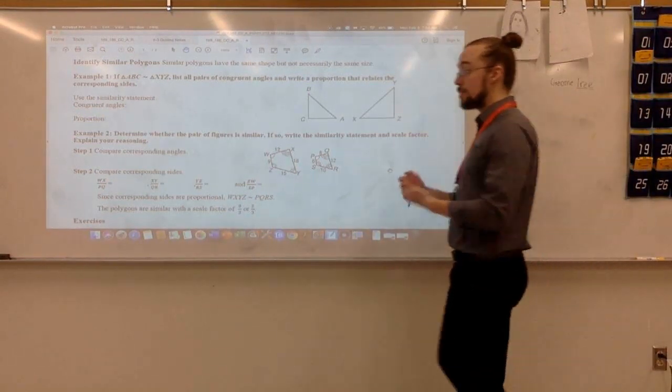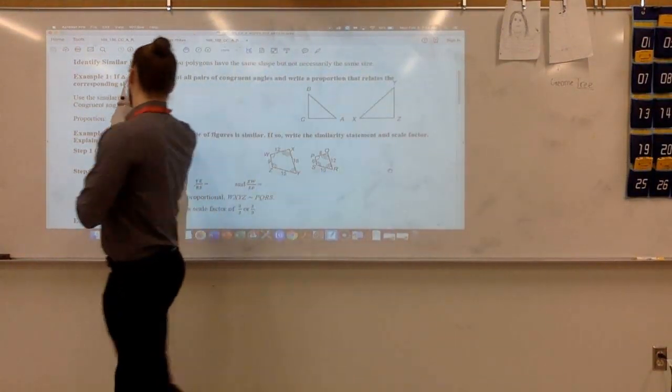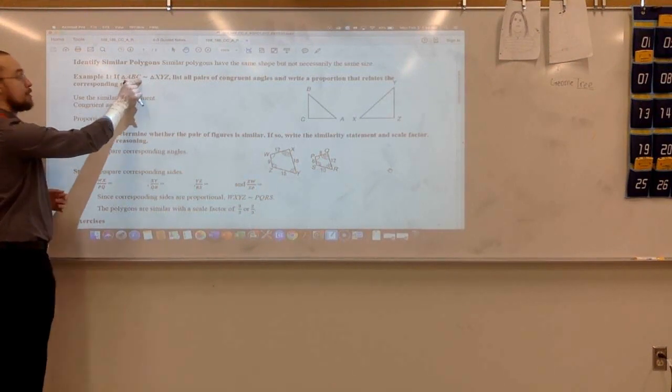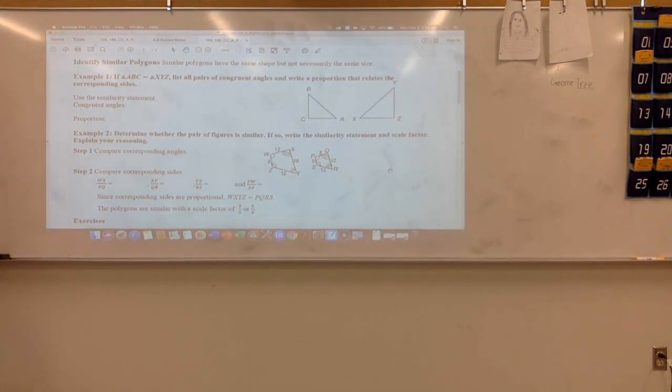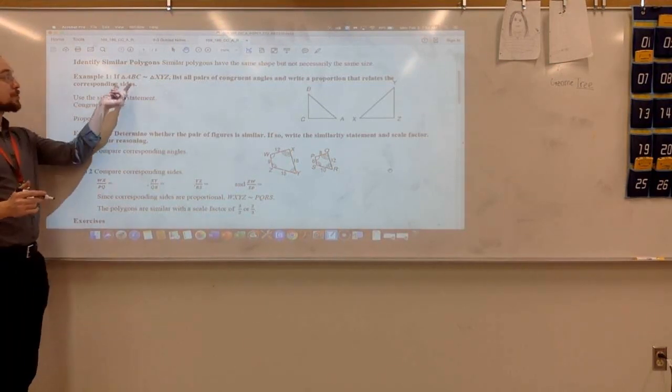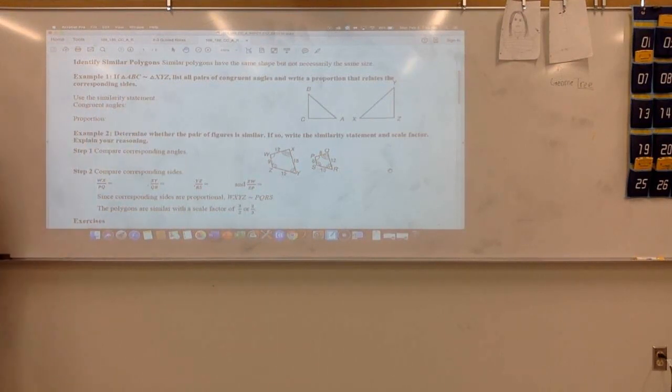Just like we did for congruent statements, we looked at saying triangle ABC was congruent to triangle XYZ, and we used that statement to match up corresponding congruent pieces. We're going to do something similar with our similarity statement.